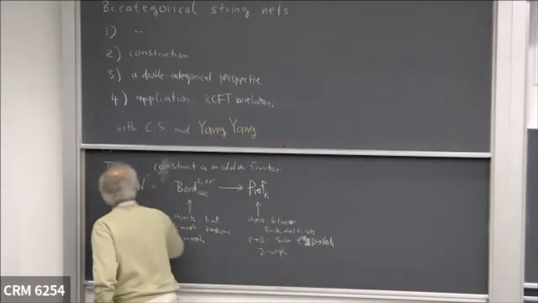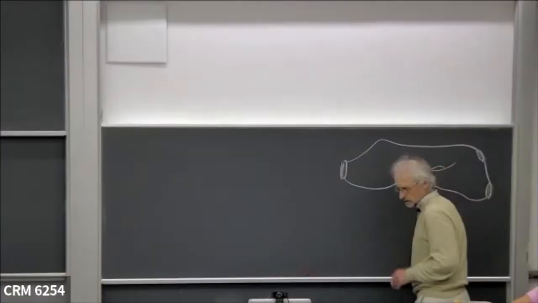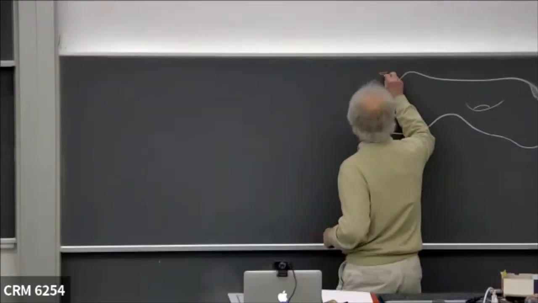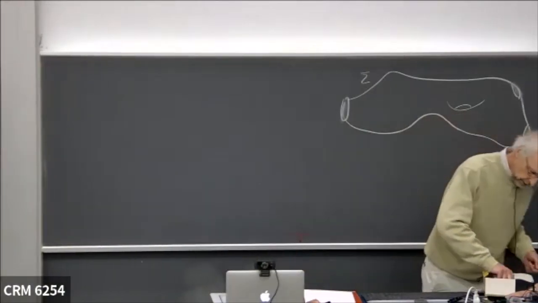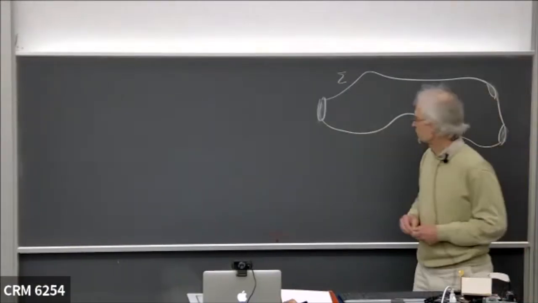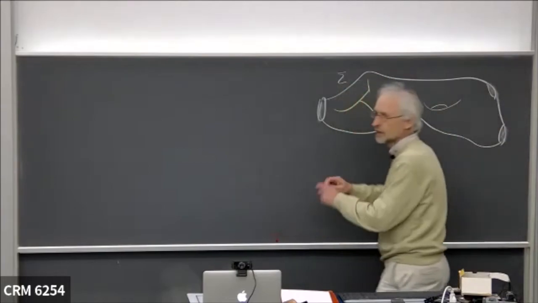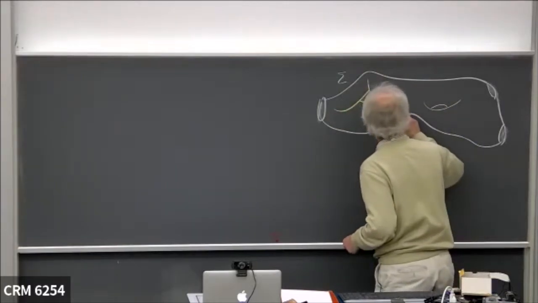And now what about string nets? Well, we assume we have some surface sigma. Then we consider embedded graphs with certain properties. So there are finite graphs, again oriented. All of that I will typically suppress.